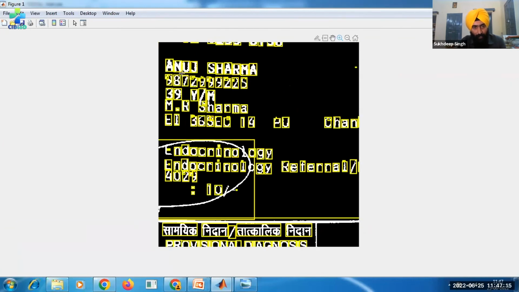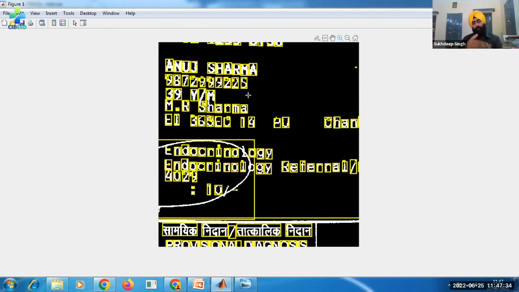Here you can see that all characters and words are identified. So wherever there is something relevant to be recognized by the machine is identified.